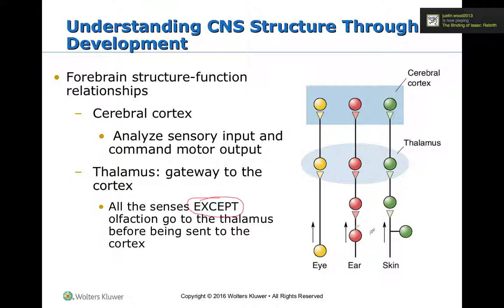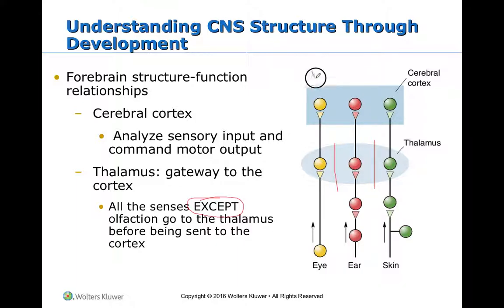So you have your eye, your ear, and your skin in this example, going up in their sensory neurons up to the thalamus. Information will be received in the thalamus. From those representative nuclei, you'll have information sent to the cerebral cortex. Now, the cerebral cortex is where our primary cortices lie.